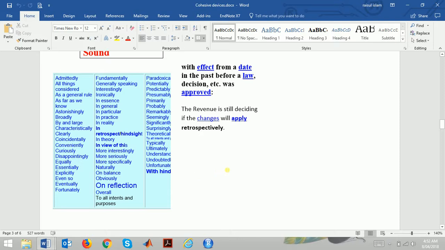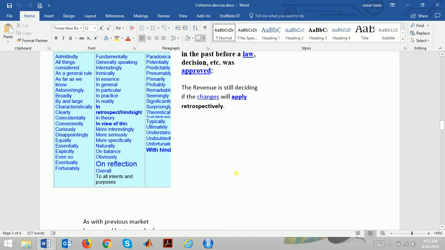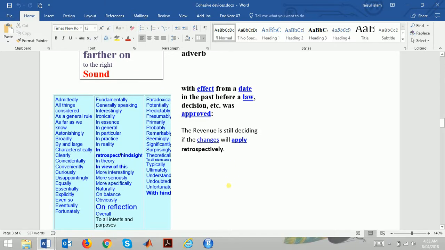More interestingly, more seriously, more specifically, naturally, on balance, obviously, on reflection, overall, to all intents and purposes, paradoxically, potentially, predictably, presumably, primarily, probably, remarkably, seemingly, significantly, surprisingly, theoretically, typically, ultimately, understandably, undoubtedly, unfortunately, with hindsight.